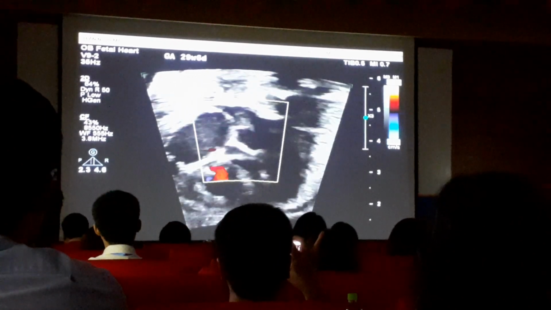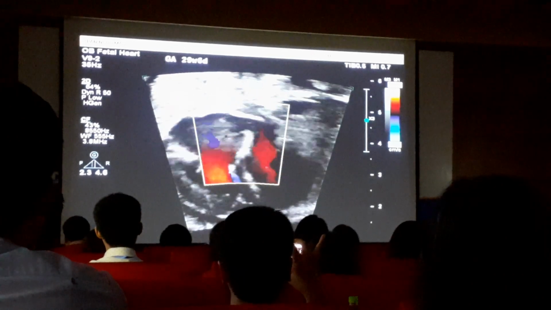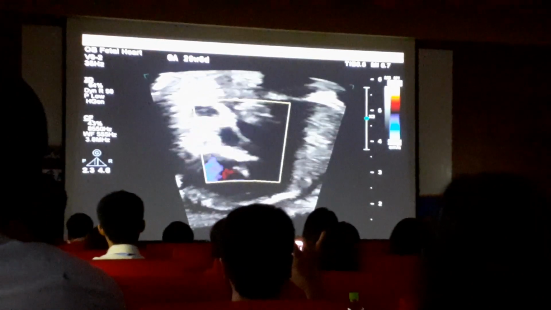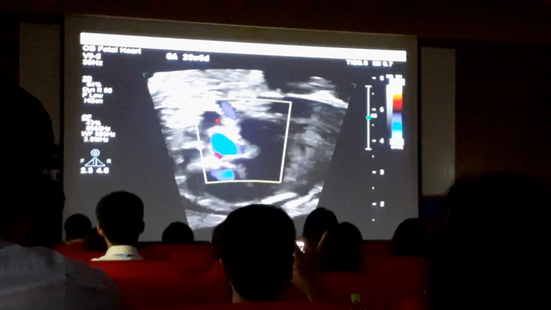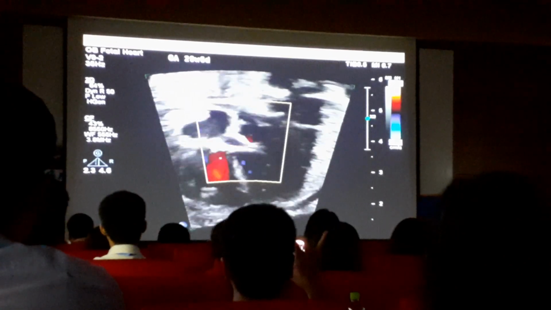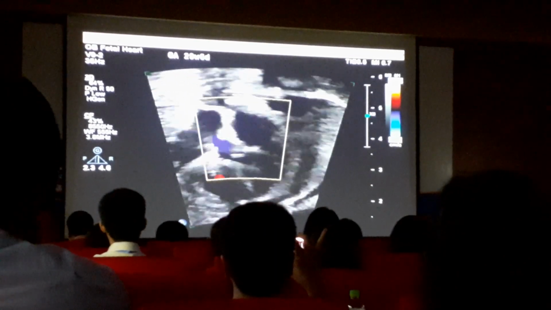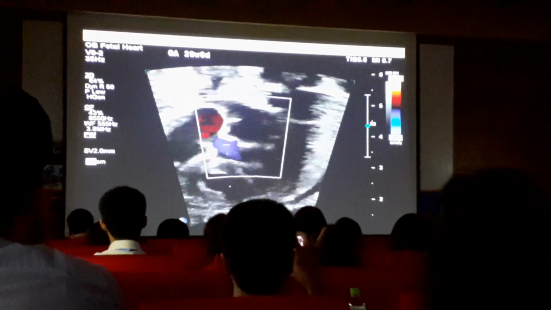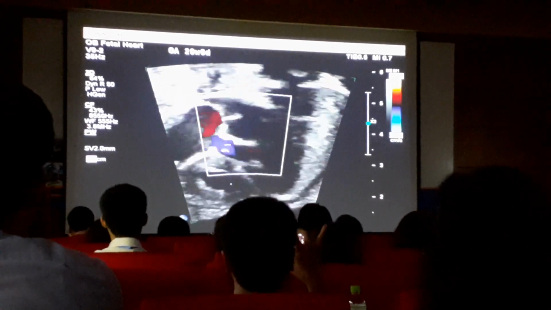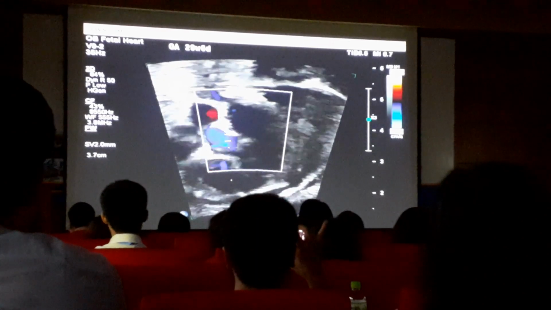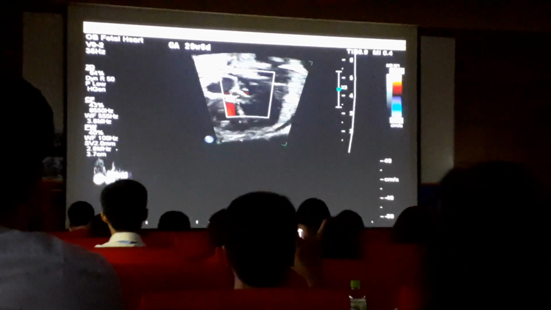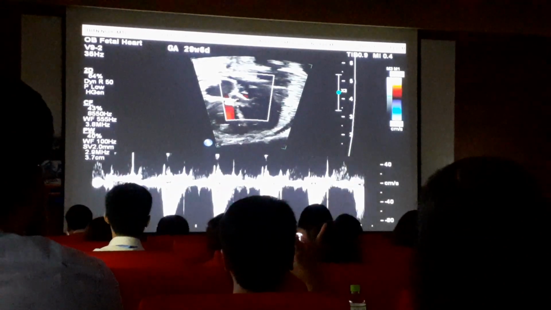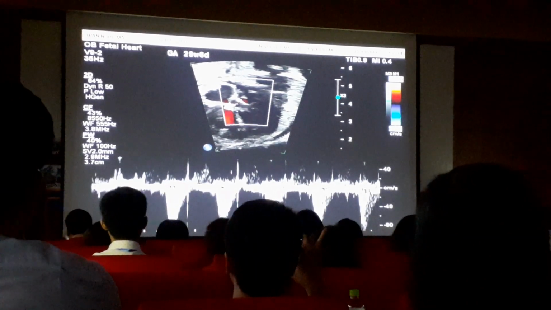So I don't see any regurgitation or stenosis. Aortic valve looks normal. I can do a Doppler for later calculation of stroke volume and combined ventricular output.